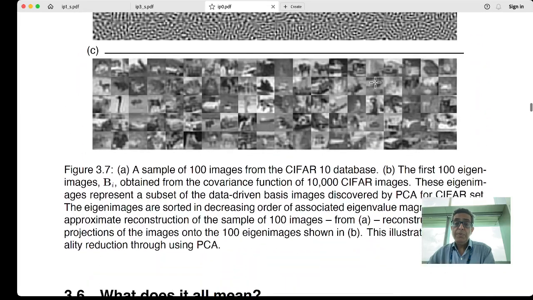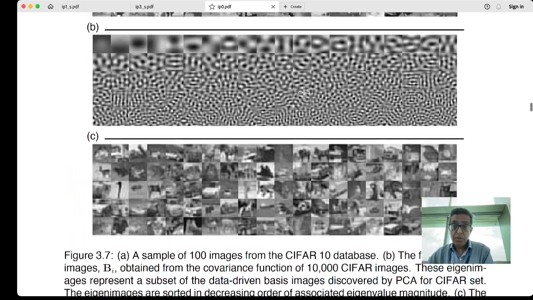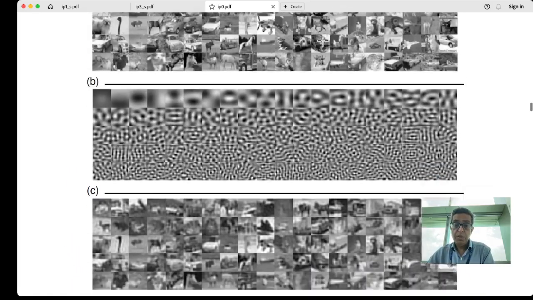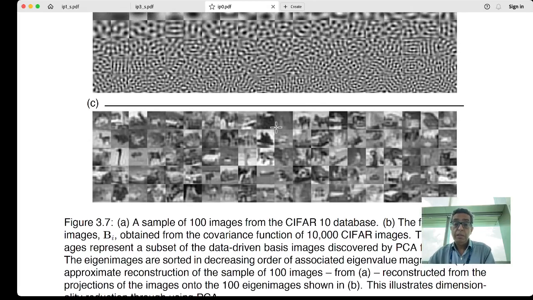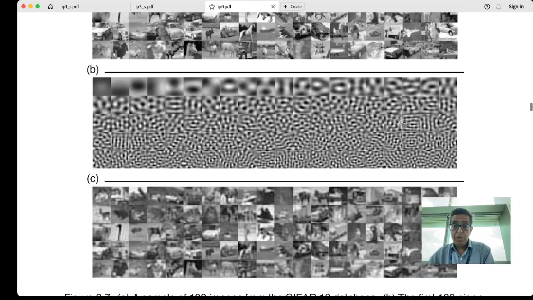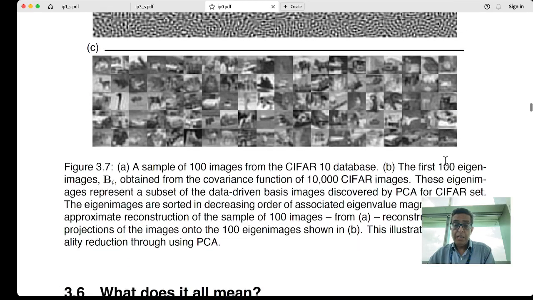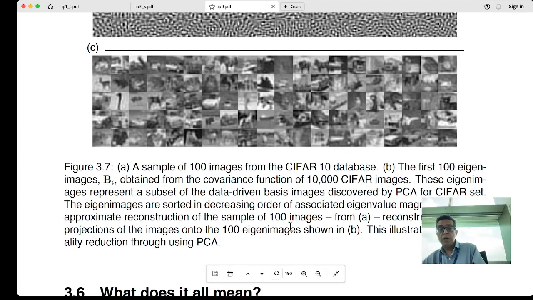And down here, what we've got are approximations to these images using the projections of the original images against these basis images shown here. I think I've used the first 100, so it's an approximate reconstruction from around 100 images.